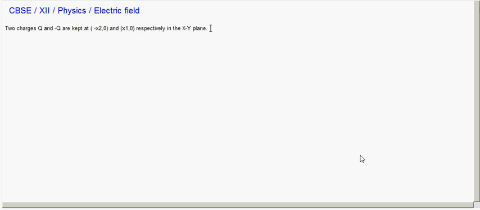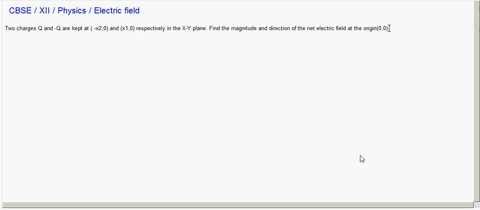Find the magnitude and direction of the net electric field at the origin, 0, 0.